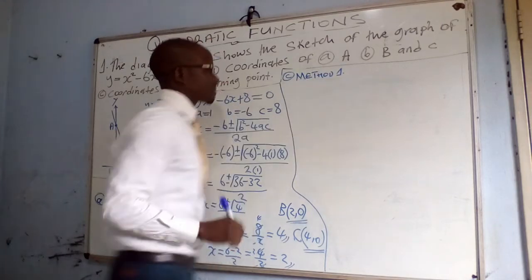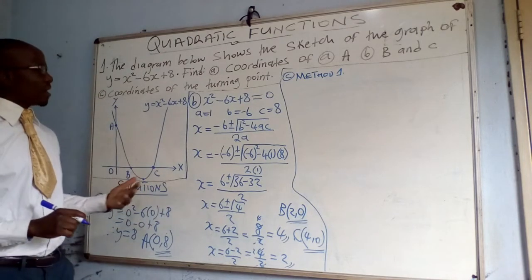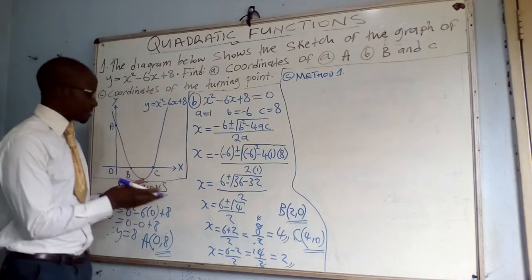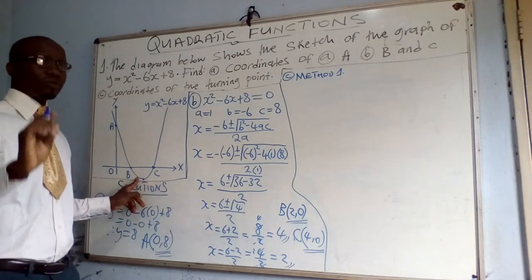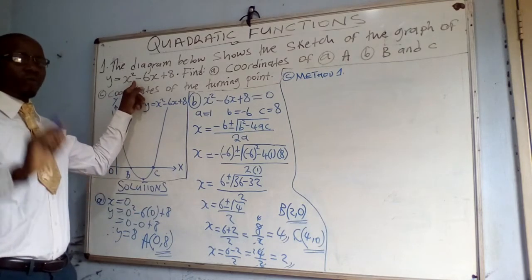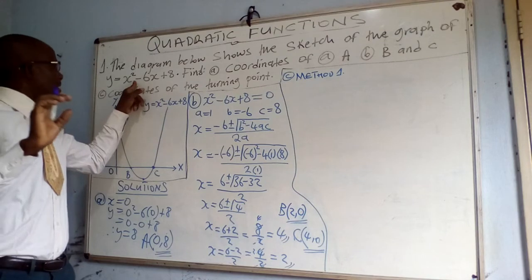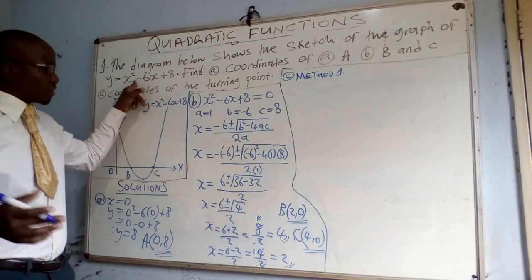Method 1 is the calculus method, where we consider the fact that at the turning point, the gradient is supposed to be equal to 0. So we use this function to find the gradient function and then substitute into that after equating it to 0.